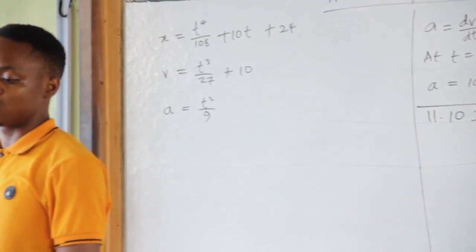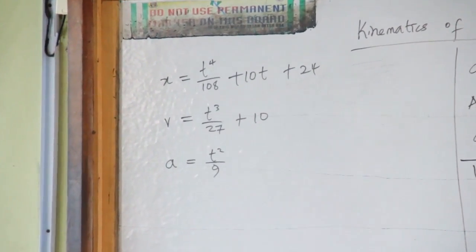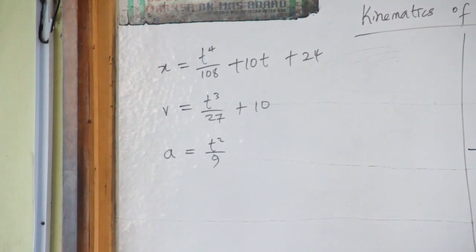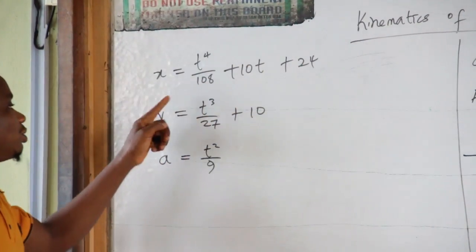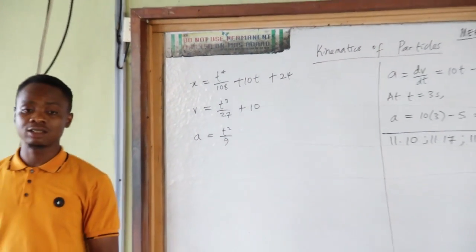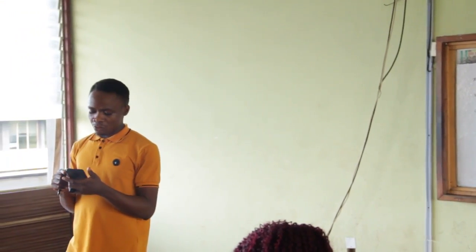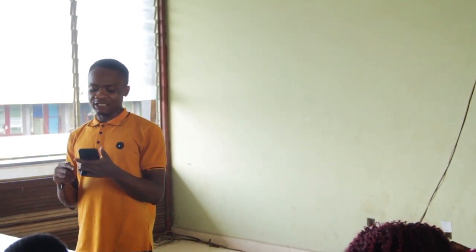So anyway you do it, you will get those results. So you now have x, v, and a in terms of t, whatever you've been asked for. Basically, this is what you need. Once you have obtained this, you can obtain every other thing in the system. Do you understand this idea? So that is the actual problem. We expressed x and v in terms of t, so that's what we just did.